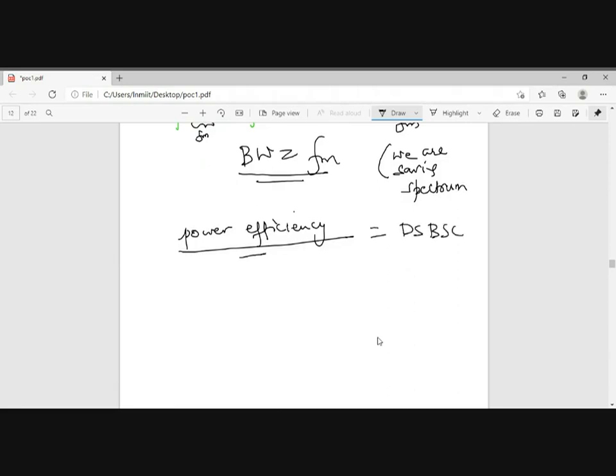But spectrum wise, it is more spectrum efficient. Bandwidth efficient is not a good term, so I will be calling it spectrally efficient. That means it will take less bandwidth to transmit an SSB-SC signal.